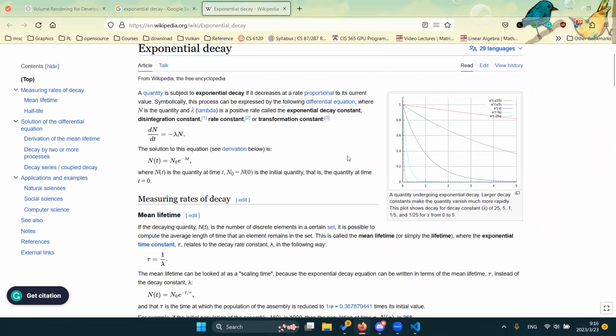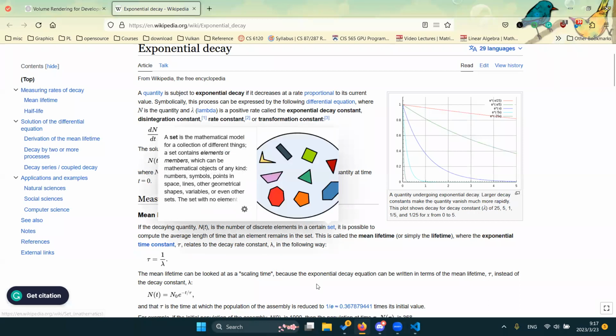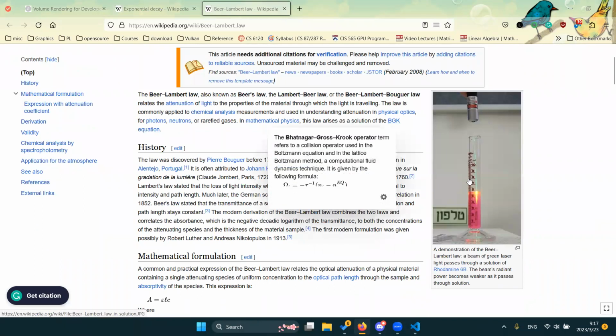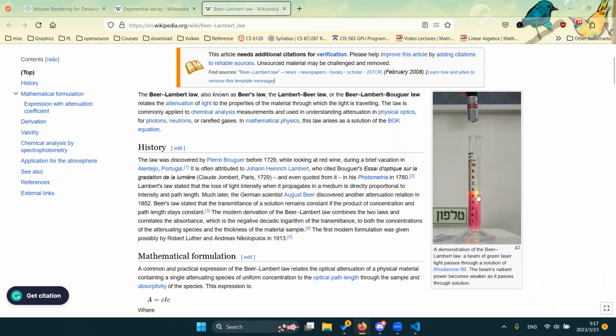I guess something to be said about the exponential decay is it moves quickly in the beginning and then has a very long tail. Yeah, and that's kind of the counterintuitive thing about it. And the thing I linked has a picture of a laser going through a liquid, and you can see how it falls off really quickly.